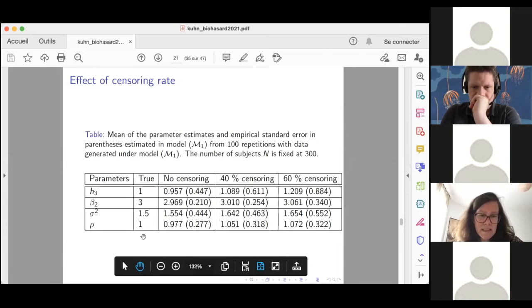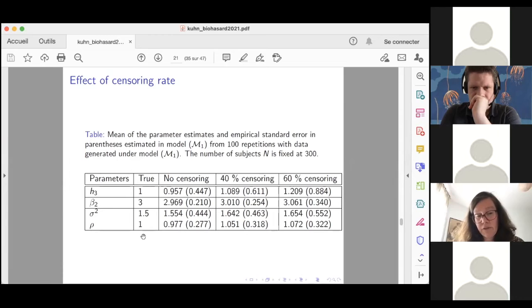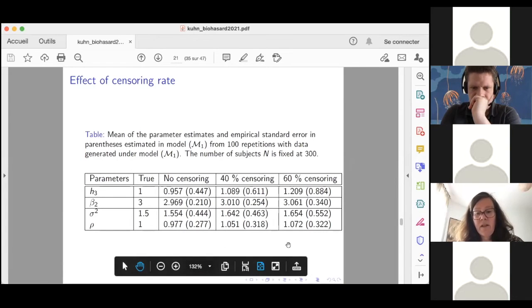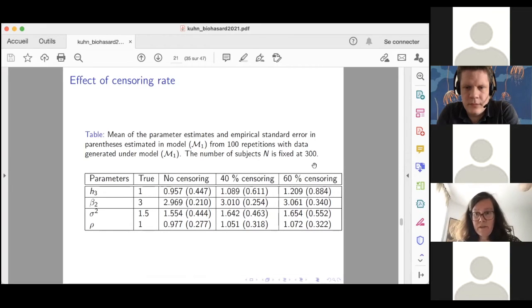What we can see is that the estimate is quite near to the true value in each case, also with 60% of censoring, which is quite important. You see also that the empirical standard error increases with the censoring, which is expected. Results were satisfying with only 300 subjects. In the real data set, we have more than 2,000 children.